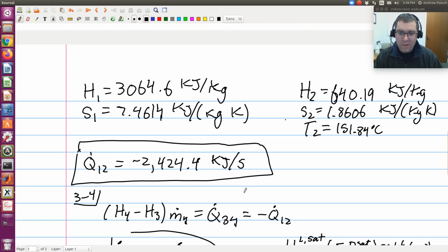And then Q up here would be kilowatt. So I could equivalently say this is equal to negative 2,424.4, and I could write that as kilowatt, because a kilojoule per second is just a kilowatt.